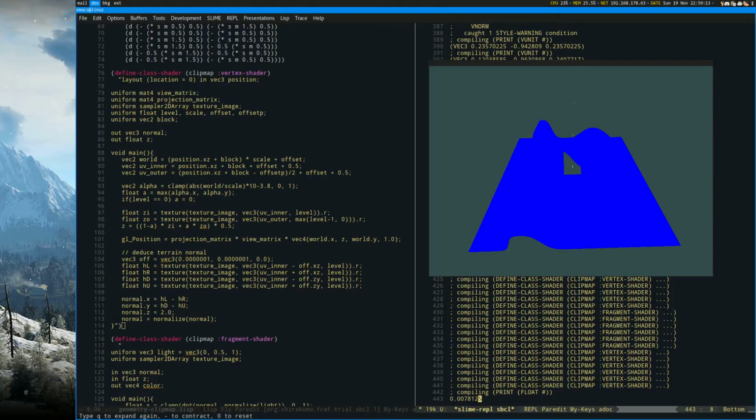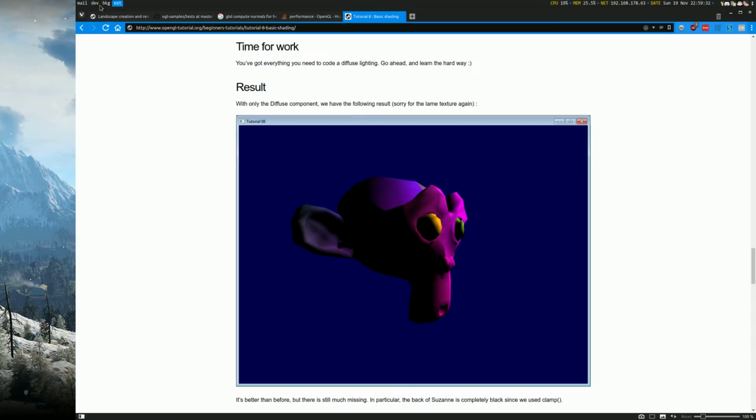So that's the amount for the next one. Why is this not working as intended? Who knows?